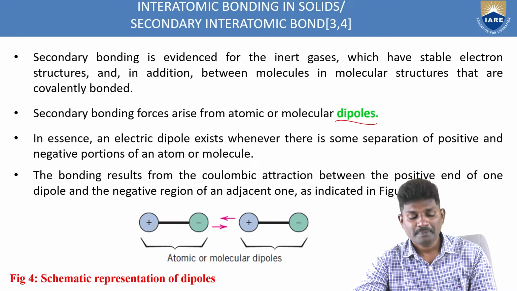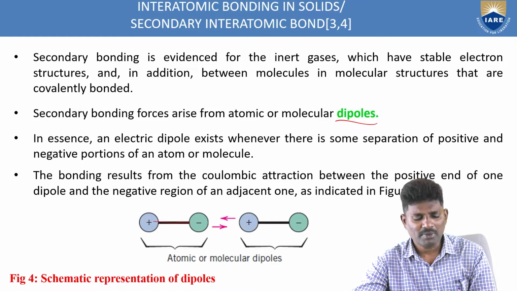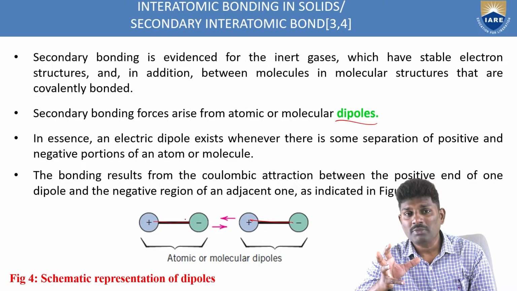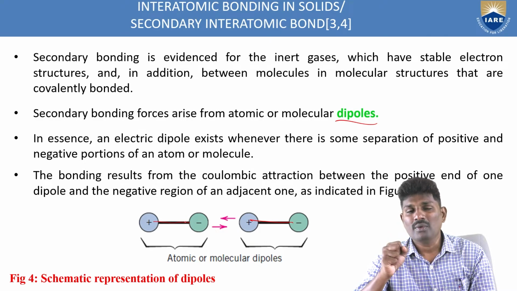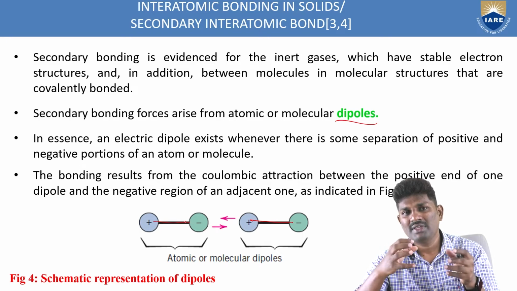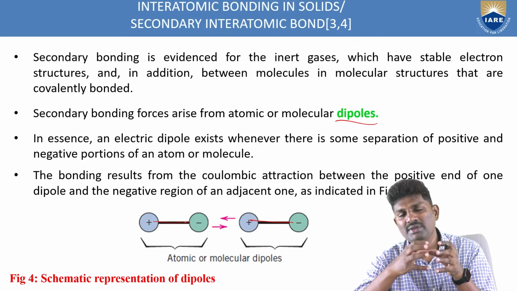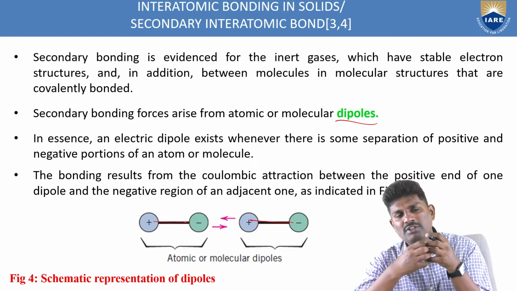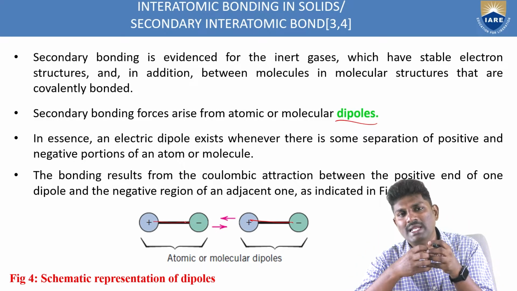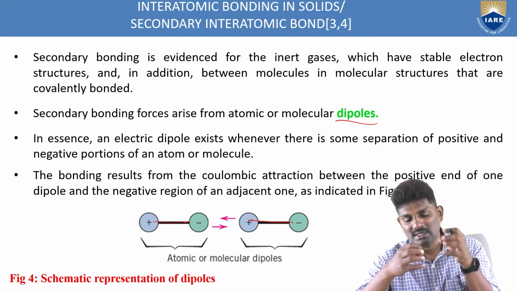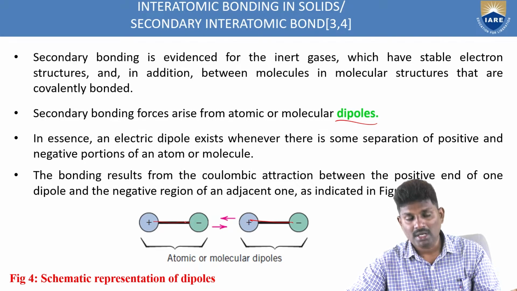Now if you see the figure, these dipoles try to create the bonding between atoms which have very little charge. If you have very weak positive and negative charges, there is very little attractive force. These dipoles act as a bridge between these two elements to get an attractive force. That is the importance of atomic dipoles.